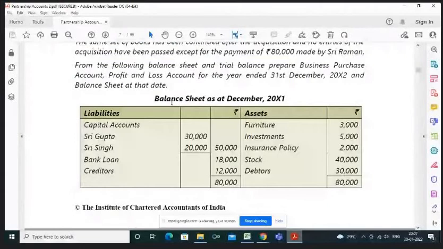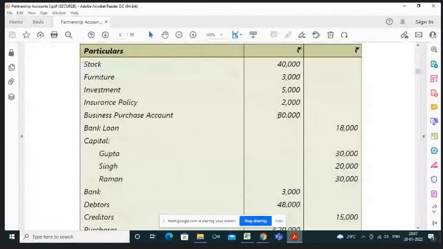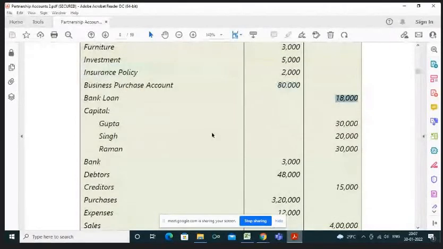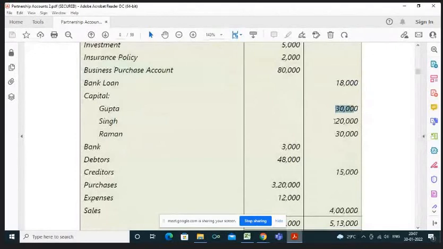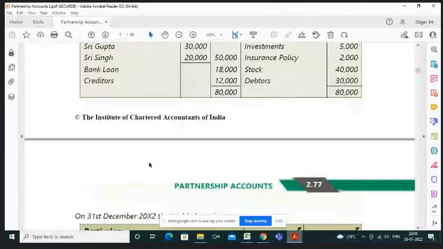Now, after the date of his purchase, on 31st December 2012, the trial balance is given as: stock 40,000, furniture 3,000, investment 5,000, insurance policy 2,000, business purchase account 80,000, bank loan 18,000, capital of Gupta 30,000, Singh 20,000, Raman 30,000, bank 3,000, debtors 48,000, creditors 15,000, purchases 3,20,000, expense 2,000, sales 4 lakh.